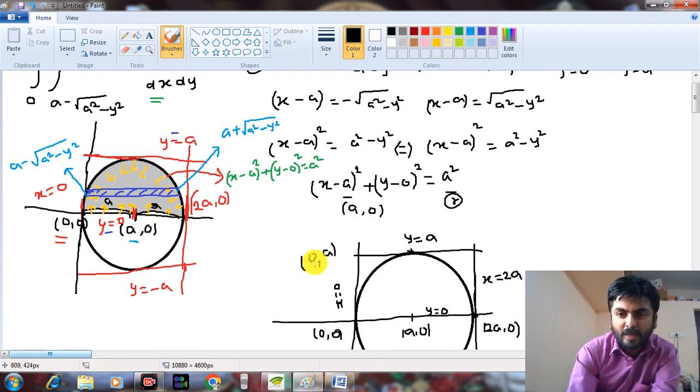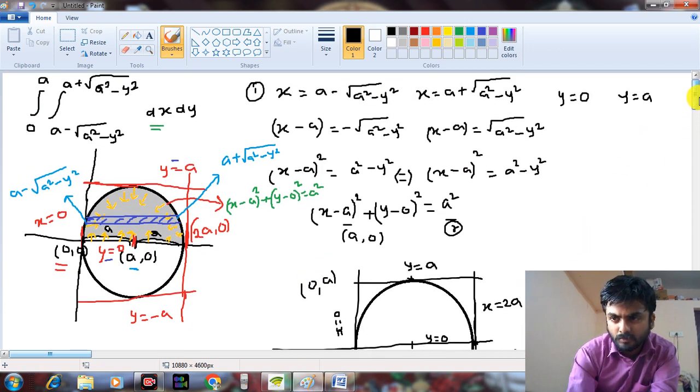If I want to take x from this equation, I have x equals a minus root of a square minus y square.